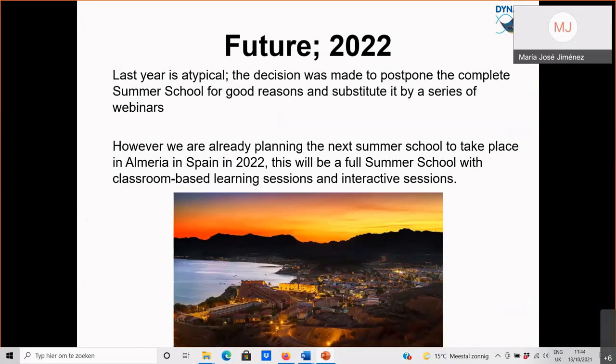So in principle, it will be in Almería and organized by CIEMAT in collaboration with the University of Almería and of course the Dynastee and INIVE. And we plan to be there 1 week, and the dates will be announced in advance on the Dynastee website.